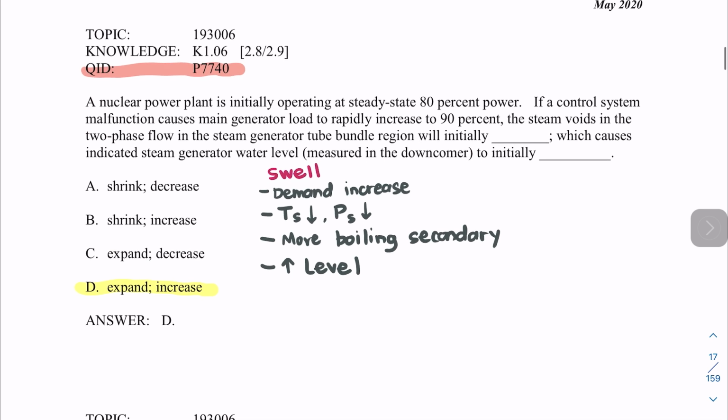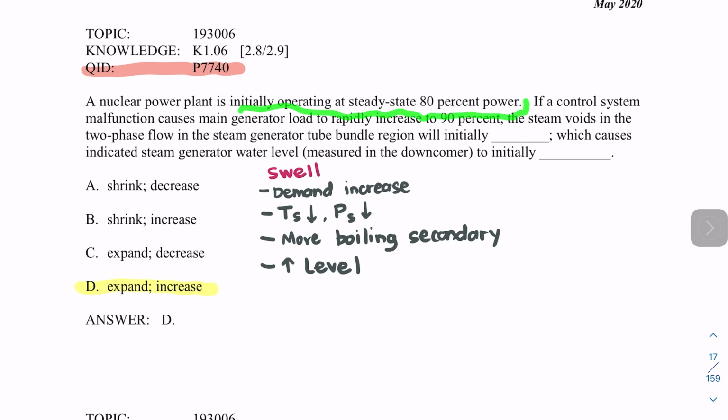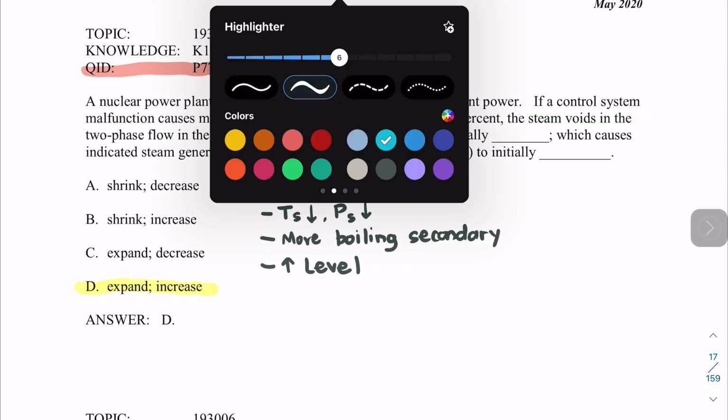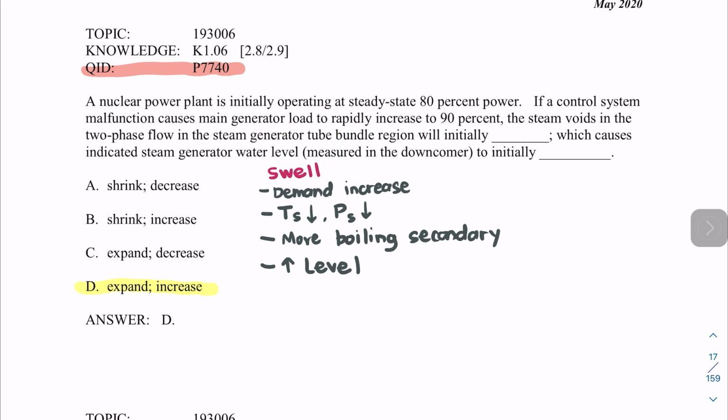Similar question, P7740. This question says, a nuclear power plant is initially operating at a steady state 80% power. If a control system malfunction causes main generator load to rapidly increase to 90%, what is happening here? We have main generator load increasing, right?